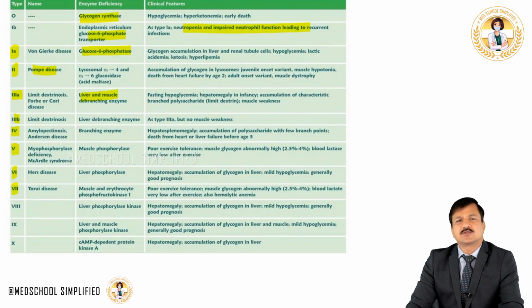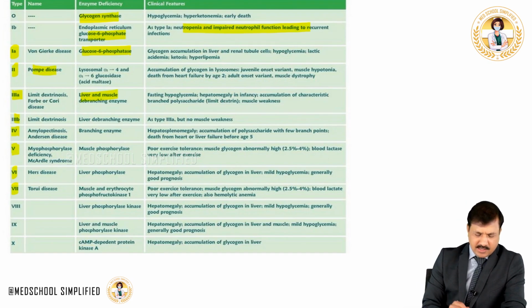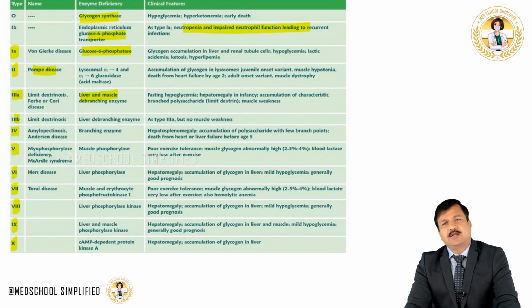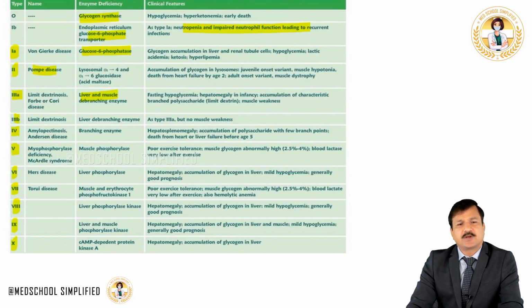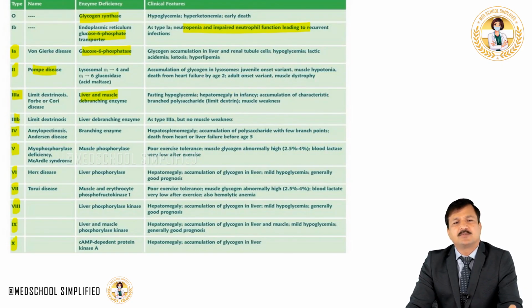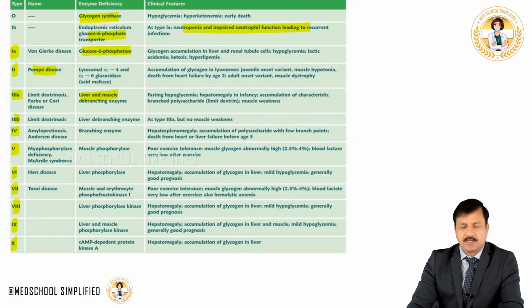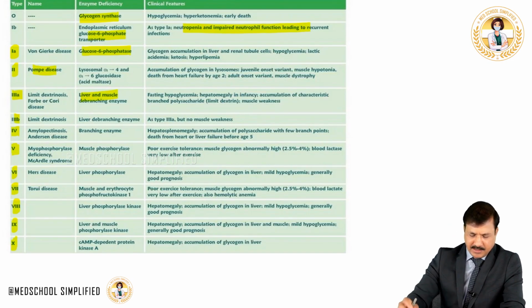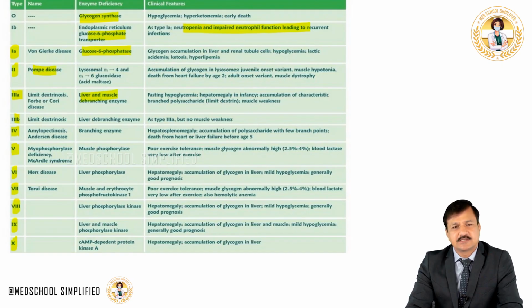Then we have unnamed disorders like type 8, type 9 and type 10. Type 8 is liver glycogen phosphorylase kinase enzyme deficiency. Type 9 is liver and muscle phosphorylase kinase enzyme deficiency together, and type 10 is cyclic AMP dependent protein kinase A enzyme deficiency.